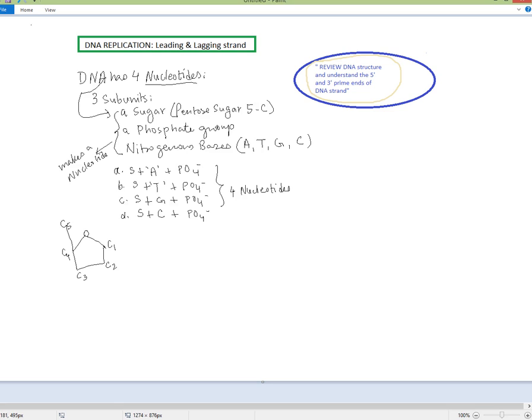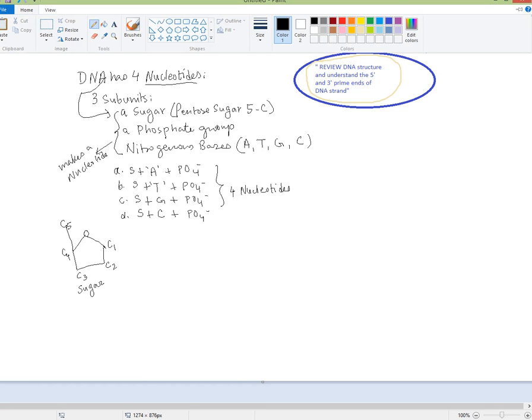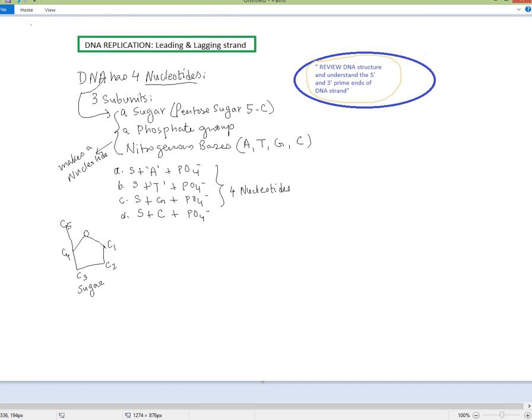So this is a sugar, and then it has a phosphate group. The phosphate group is attached right here, to the carbon number 5.